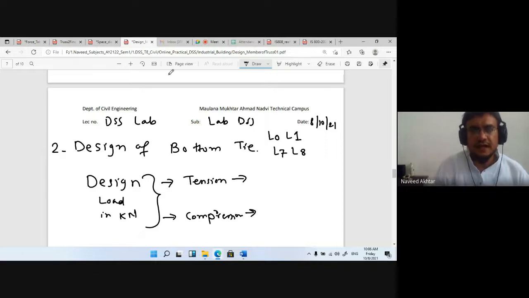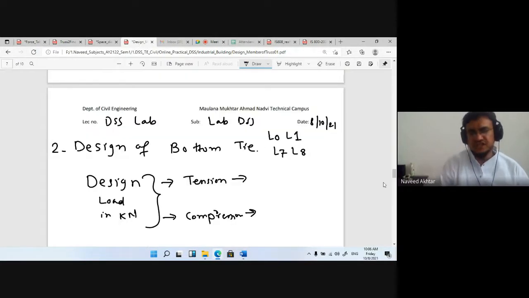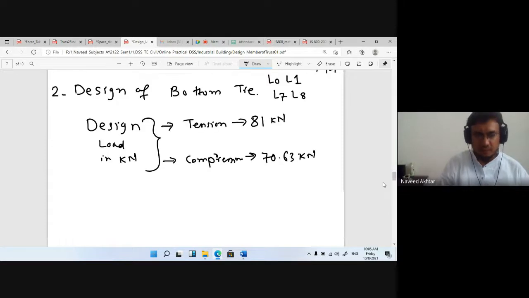In tension it is 81 kilonewton and in compression it is 70.63 kilonewton.